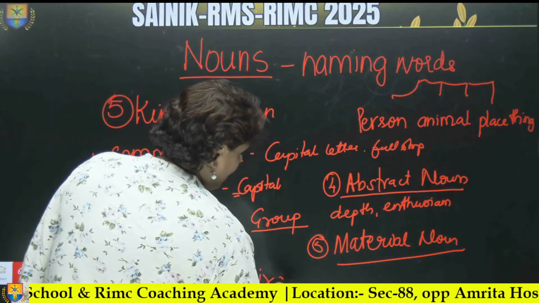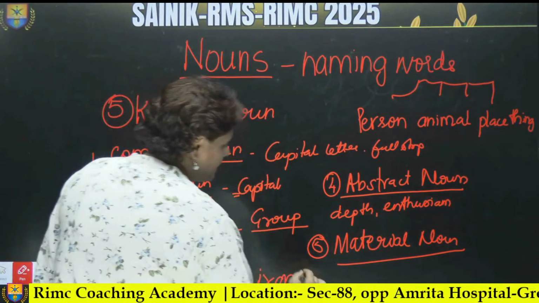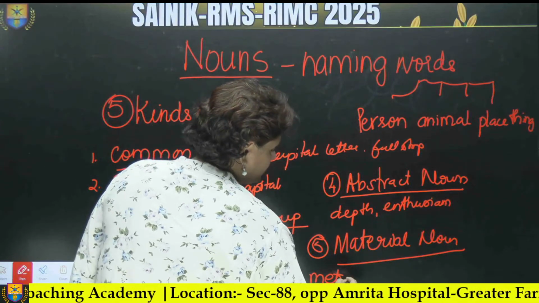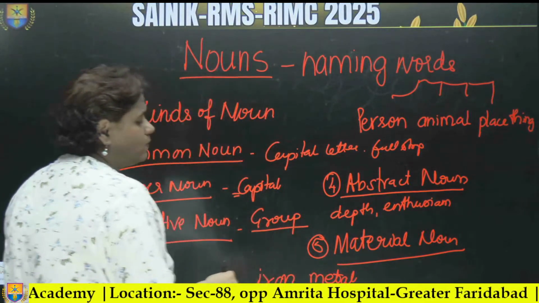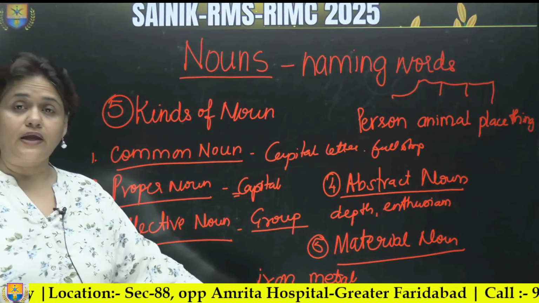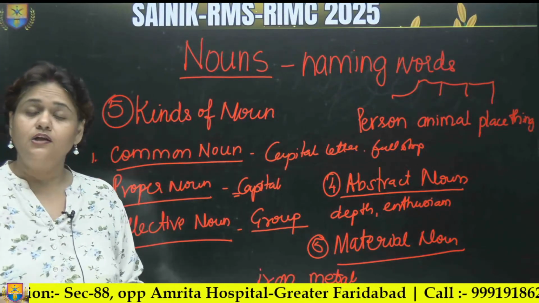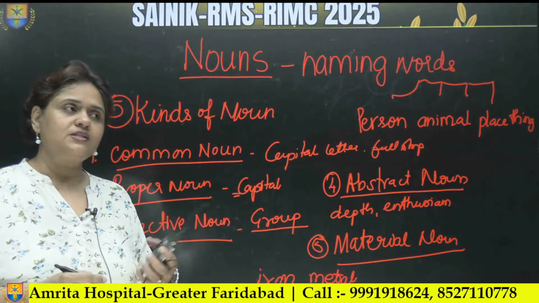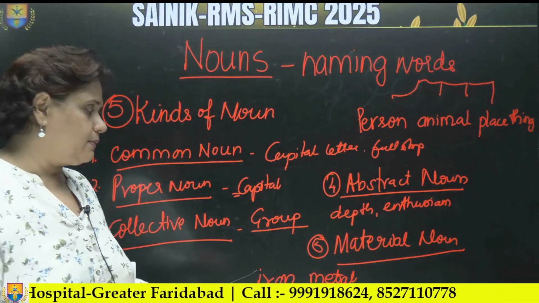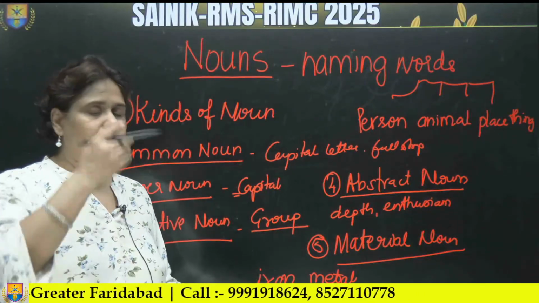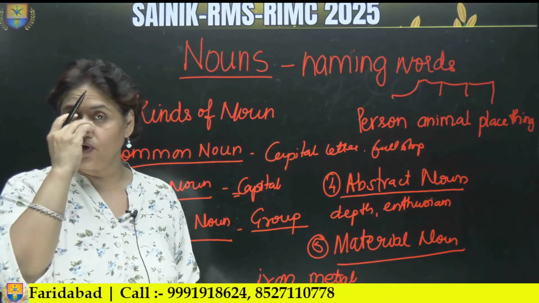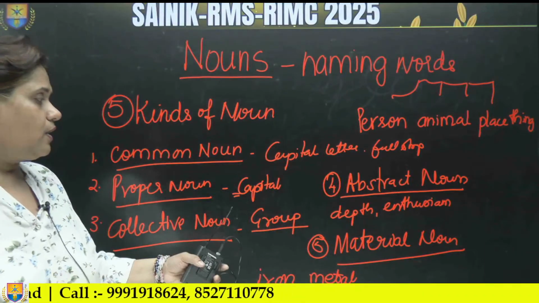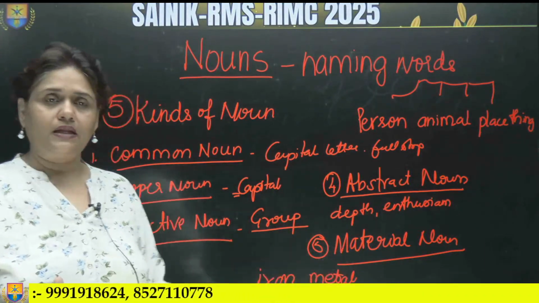Like we had read iron, metal. So the table was made out of iron. In that case, the material which is used for the table is a noun. And table is made up of which material? It can be of wood, it can be of iron. So the iron or the wood, the material which is used, is called the material noun.